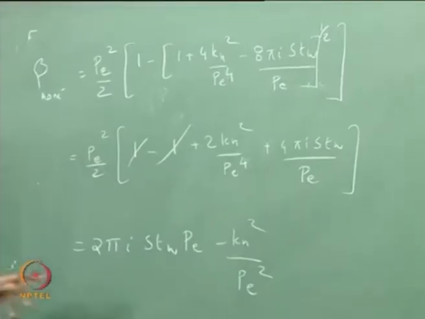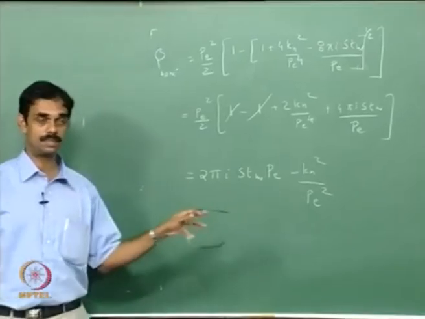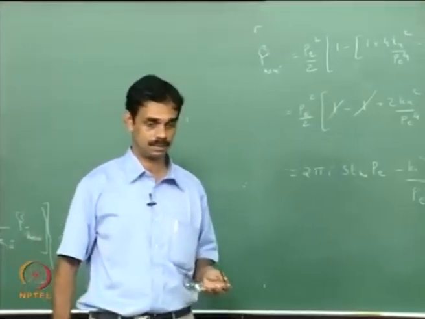So as Peclet number is large, this term will drop and this first term will dominate. So that is the solution we had written in the 2 classes back.